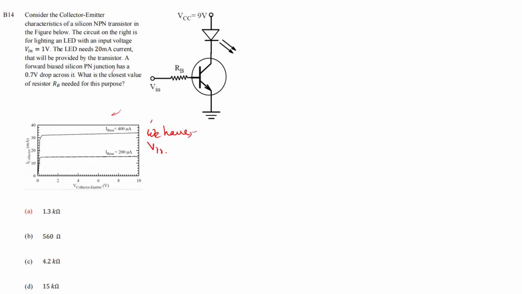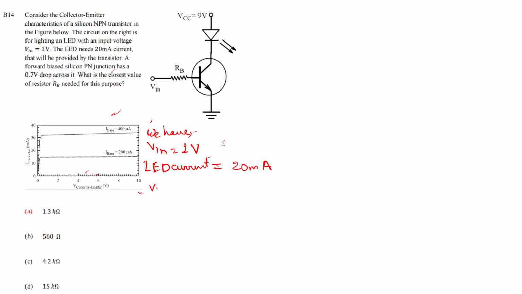V in equal to 1 volt. LED current equal to 20 milliampere.